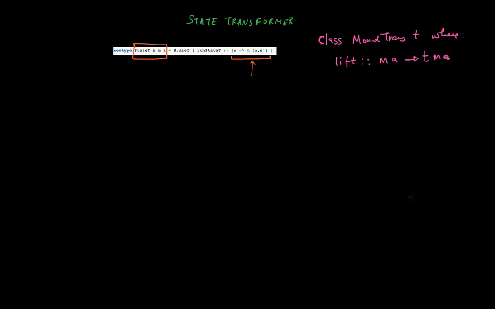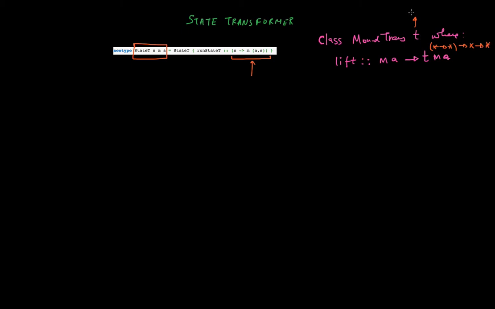One of the things we saw, at least from my last video on list transformers, is that we were able to figure out the kind for this t here. The kind for t is something that consumes the kind for m, which has the following kind, and the kind for a, a concrete type, giving you back as output another concrete type.